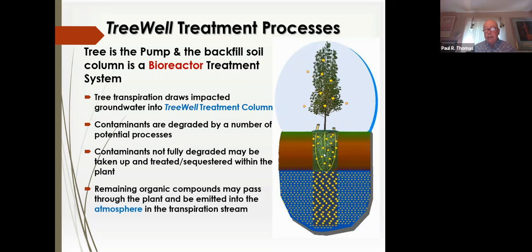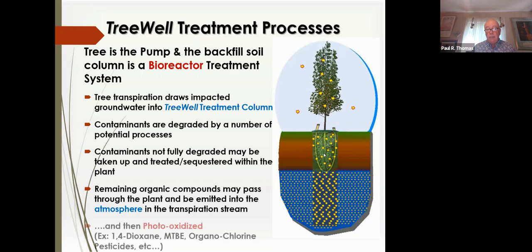And the other possibility is that contaminants are transpired into the air through the transpiration stream. And this is found to be the case with a lot of organic compounds. Got some examples here: 1,4-dioxane, MTBE, which is the old gasoline additive, and organochlorine pesticides.